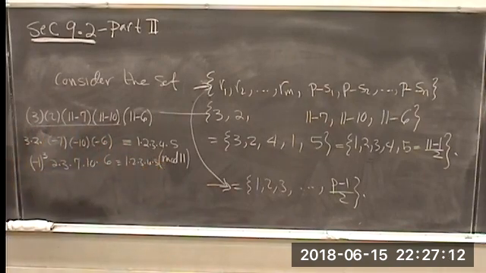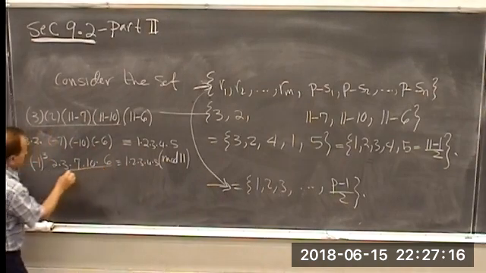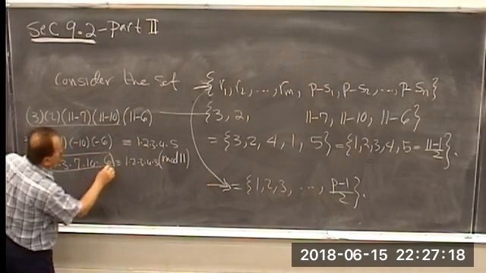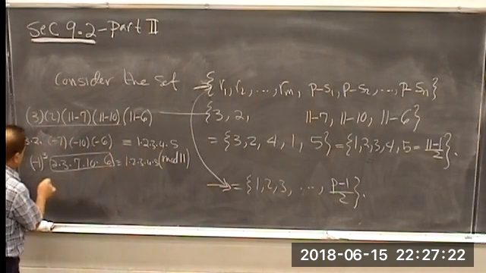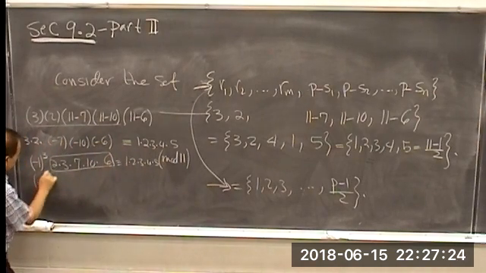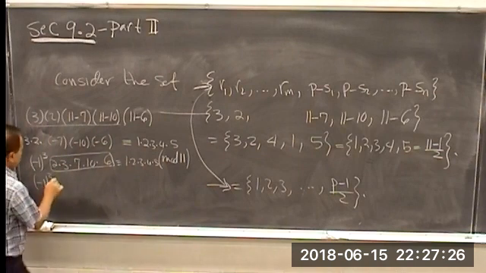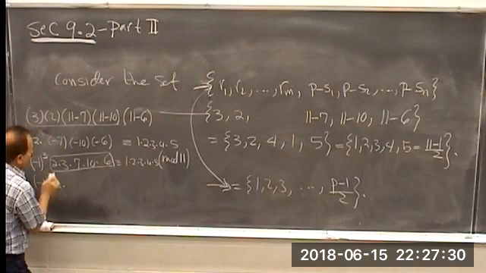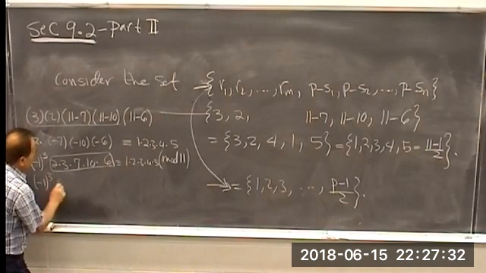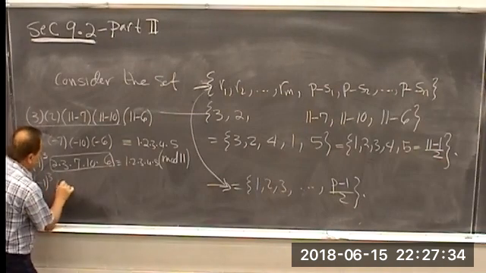Also, we have one other thing: these are congruent to the original elements in S. So I can write this as 1 times 7, all right? First of all, we have 7.